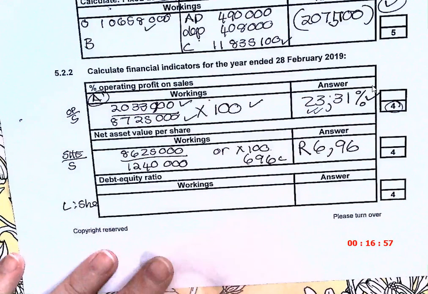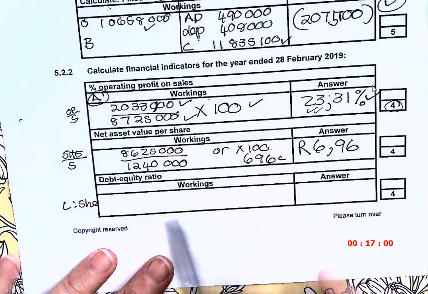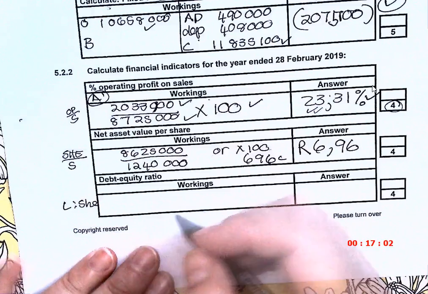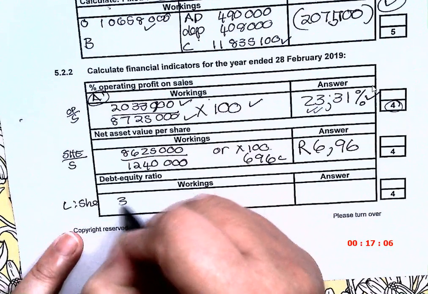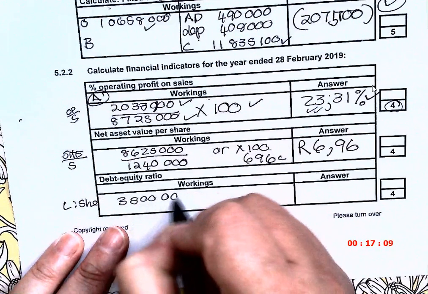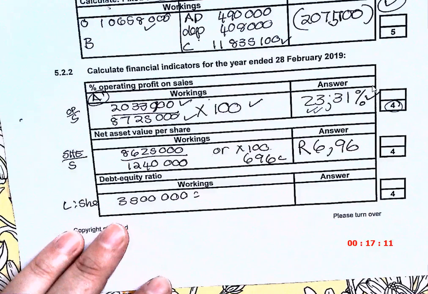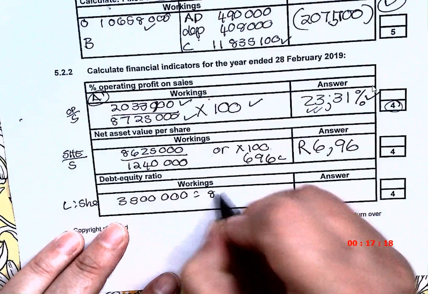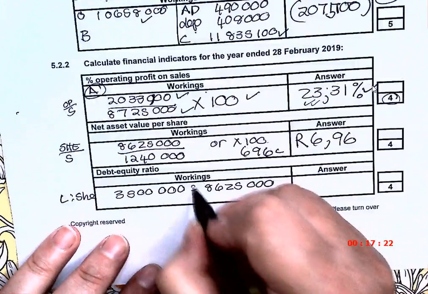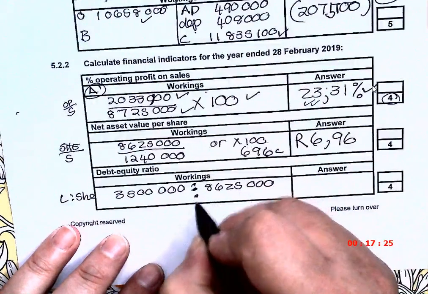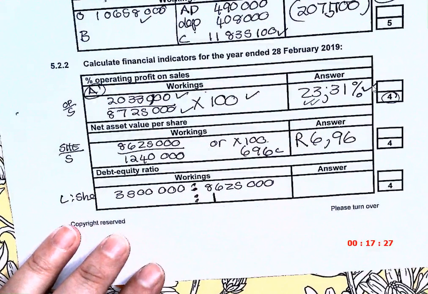Here we go. So the loan they give me, and always remember you use the current year, né? So it's 3.5 million to shareholders' equity, which is 8625. When it's like those ratios, you always have something to 1. And I'm telling you in the exam, if you swap it, you're going to owe me a chocolate.